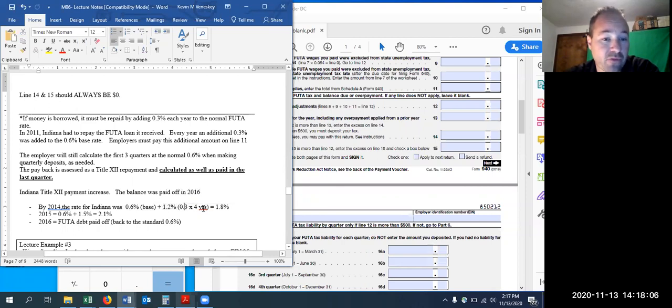And that was that 0.3 for the 4 years. So total FUTA rate, instead of being 0.6, was 1.8. And that extra amount would have gone here in line 11. In 2015, it went up another 0.3. And then finally, everything was paid off. 2016 was back to the normal 0.6.